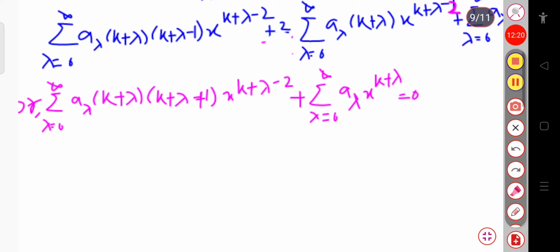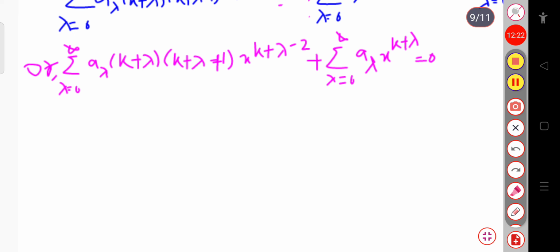Now in the first term, let me substitute lambda minus 2 equal to lambda prime. That is simply for the first term only. Then this lambda minus 2 can be replaced by lambda prime.